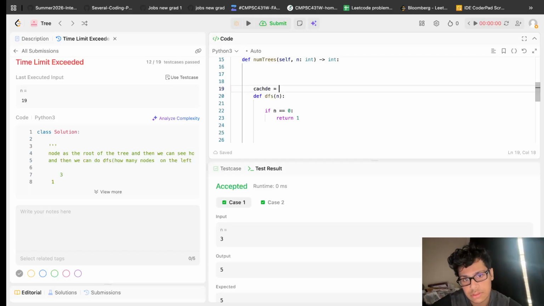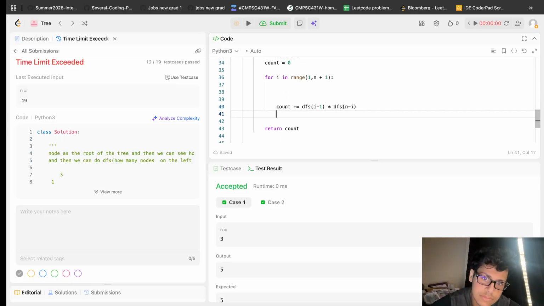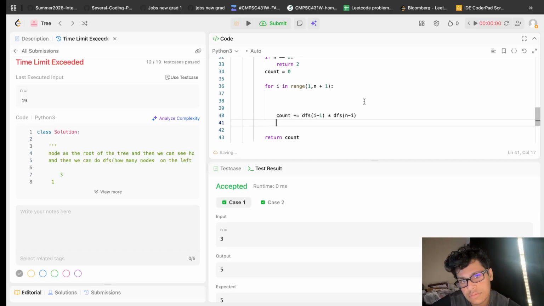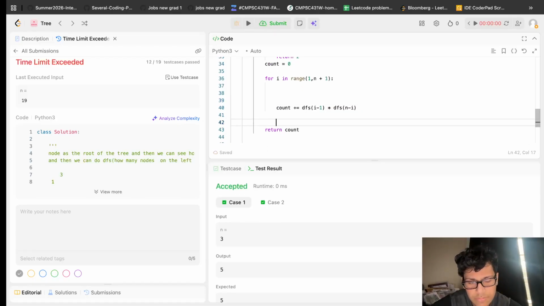Cache equals, if n in cache, return cache of n, cache of n equals count, return cache n.